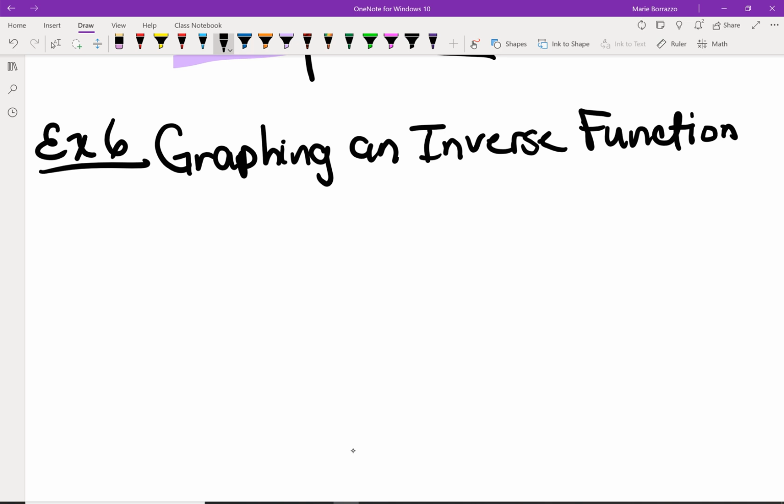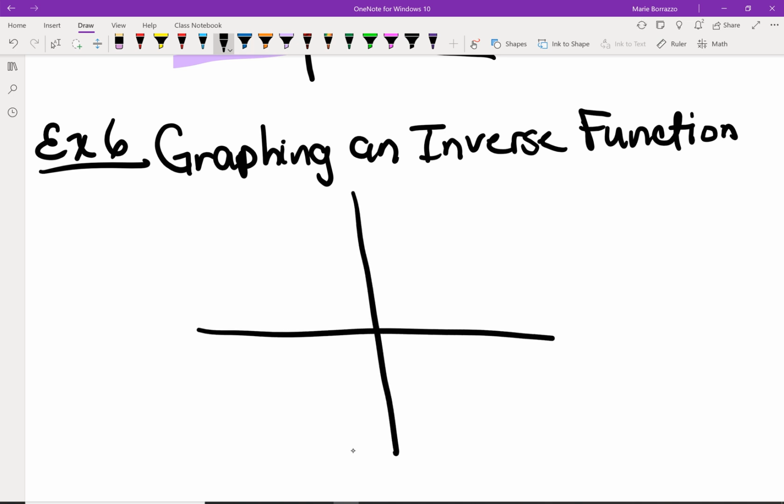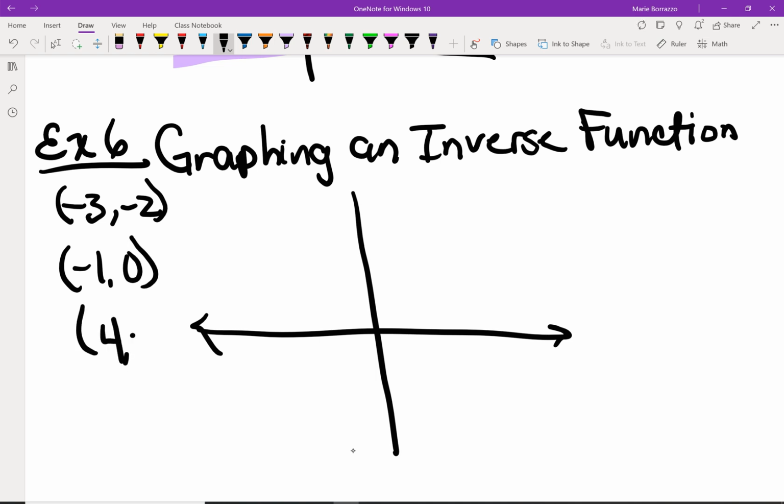I'm going to give you 3 coordinate points, and I want you to graph them on your paper. And these are straight lines between these. So they're giving you (-3, -2), (-1, 0), and (4, 2).